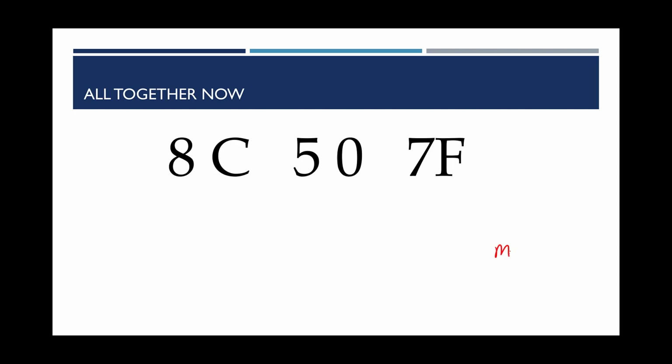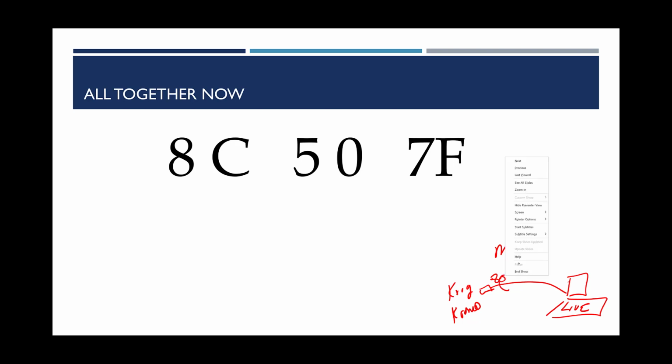So if MIDI was going to talk from my Korg Kronos piano through a USB cable over to my computer that has lovely Ableton Live running on it, it's going to send a pattern of ones and zeros, which in hex would be called 8C, 50, 7F.